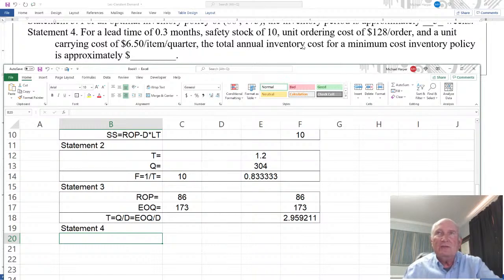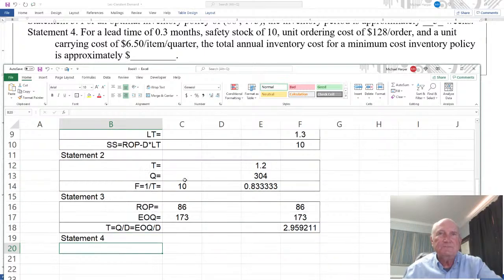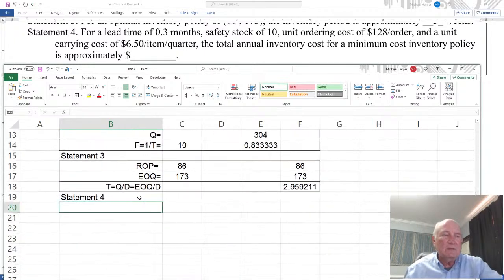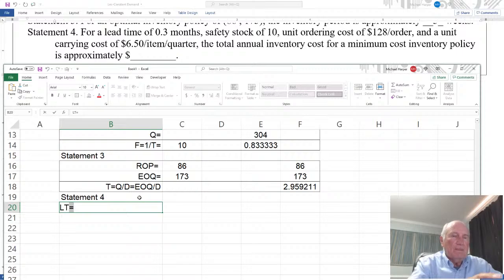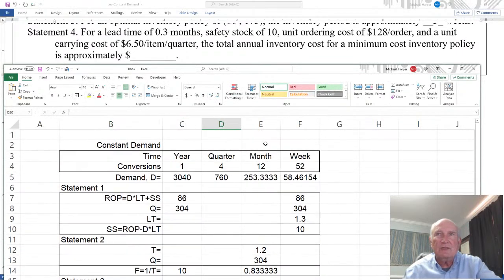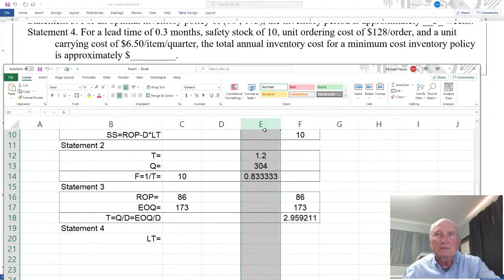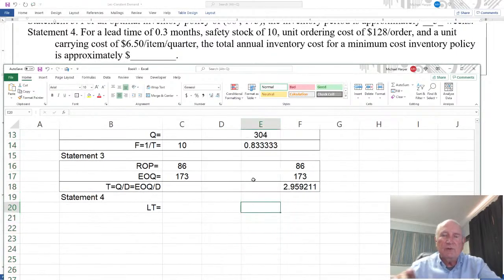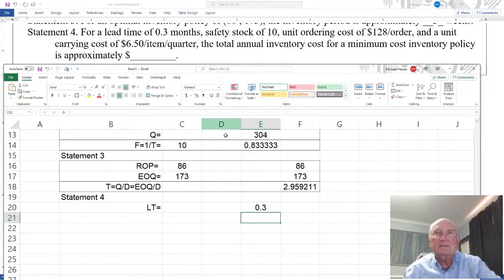The total annual inventory cost for a minimum cost inventory policy is approximately what? Okay, we have more stuff going on here. The lead time is 0.3 months. So this is going to be the lead time equals 0.3 months. Which one's the months? Here's the months right here. So this is going to be 0.3.